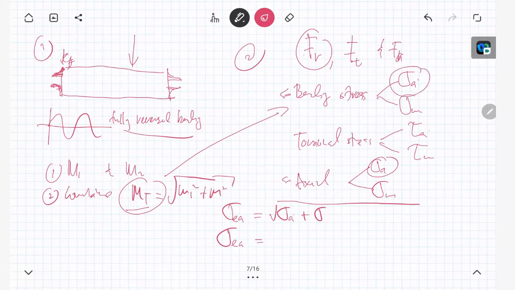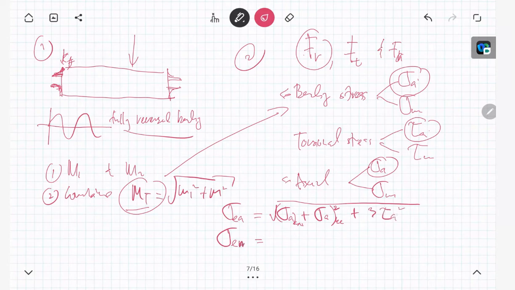This is from the axial, this from the bending. So divided, squared, power of 2, squared. Plus alternating this one, this alternating, three alternating.